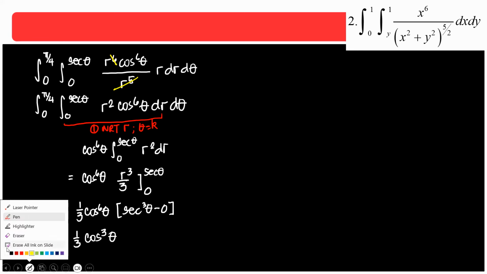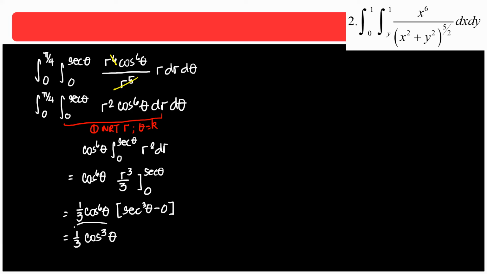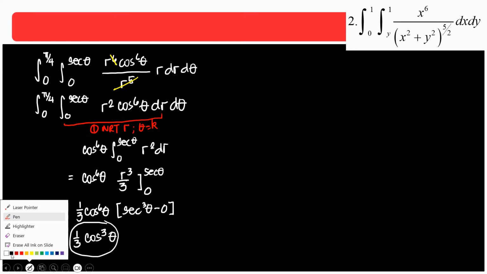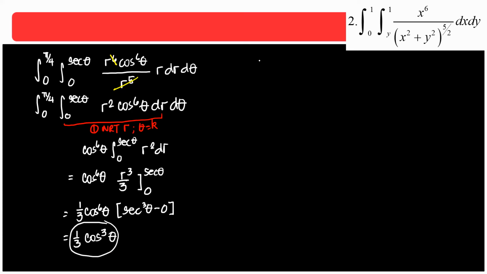So we have this as your initial answer for the first integration. We'll still have to integrate that with respect to theta. From 0 to pi over 4 of 1/3 cosine to the 3rd theta d theta. All we can bring out is the 1/3.